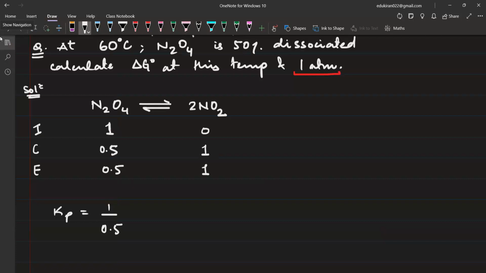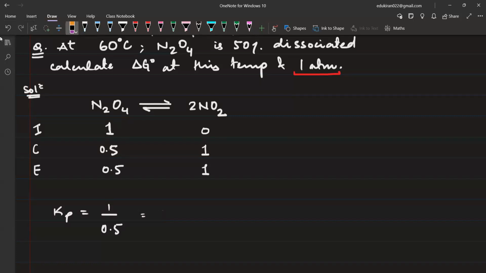And is there anything we are left with? This will be equal to how much? 2, no? We are getting something wrong. If it would be 2, let's see.